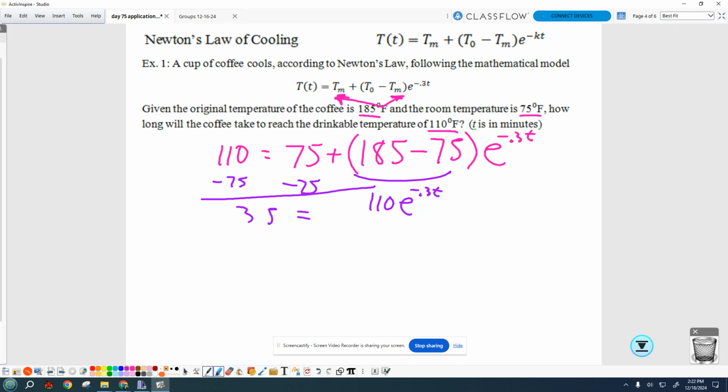So 35 equals 110 e to the negative 0.3 t. Group 6. Divide by 110.